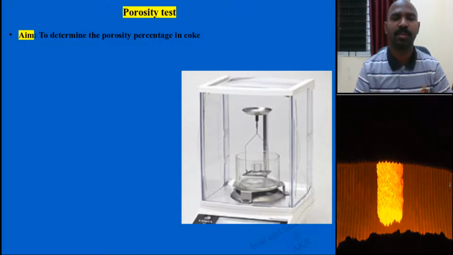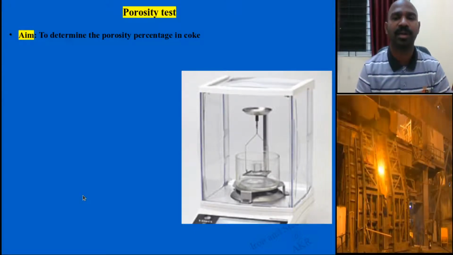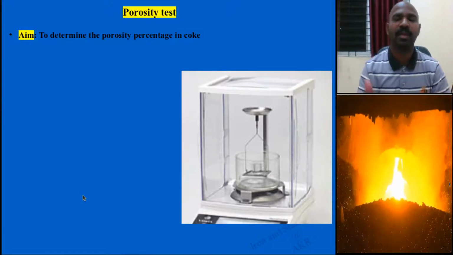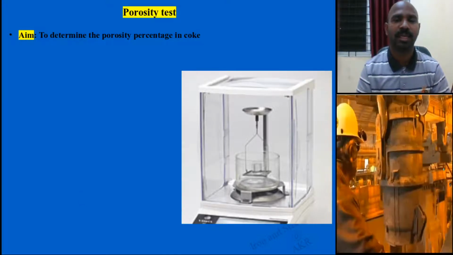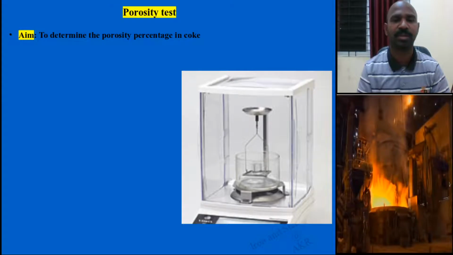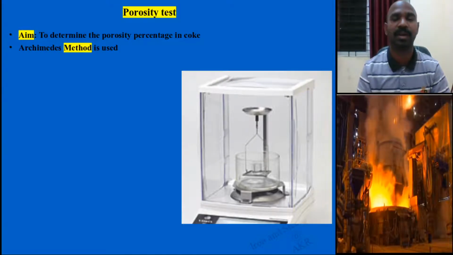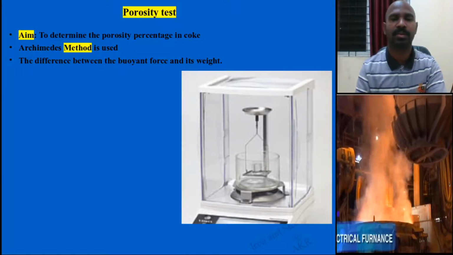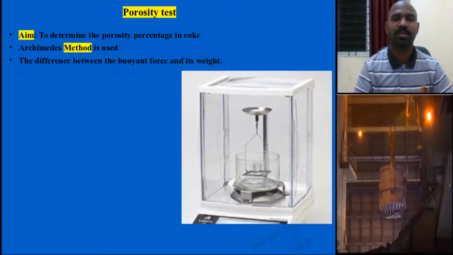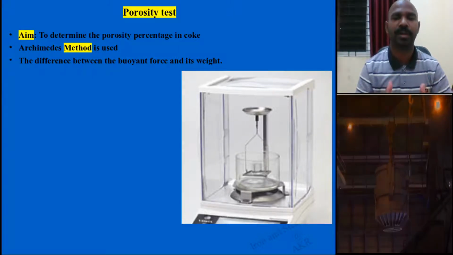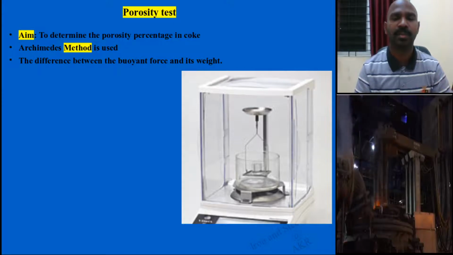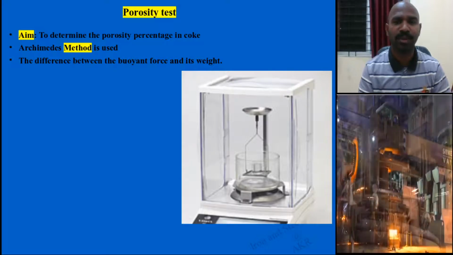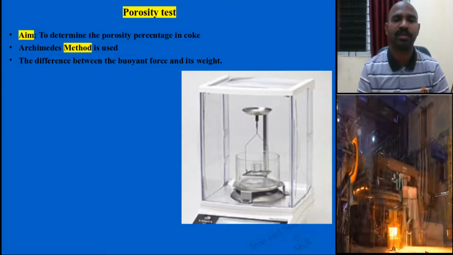And coming to how you calculate the porosity of coke: to determine the percentage of porosity that the coke has, you use Archimedes principle. The principle suggests that you calculate the difference between the buoyancy force of the coke when you add it in a bowl of water and the initial weight of the coke.